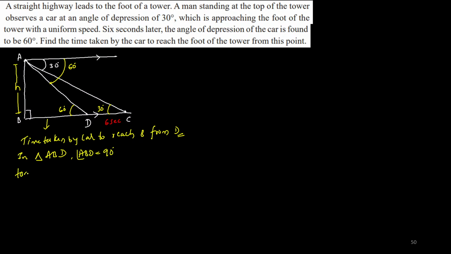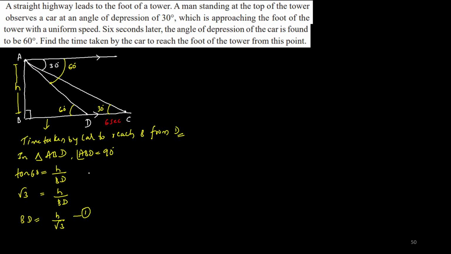So tan of 60 degree is equal to h by BD. Tan 60 is root 3, so root 3 is equal to h by BD. So BD is equal to h by root 3.